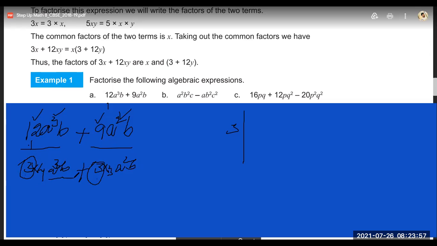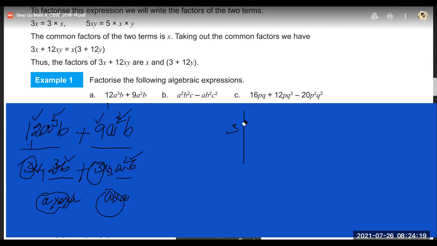And then we have a cube b and a square b. In both we have b, and then a cube and a square. A cube means a into a 3 times. A square means a into a. So in both we have the product of 2 a's common.